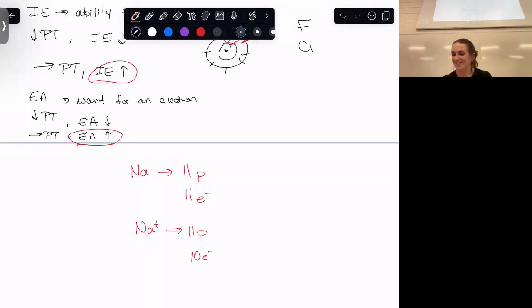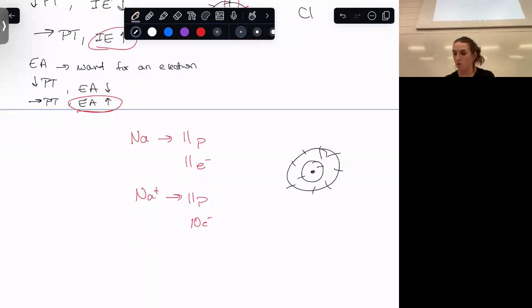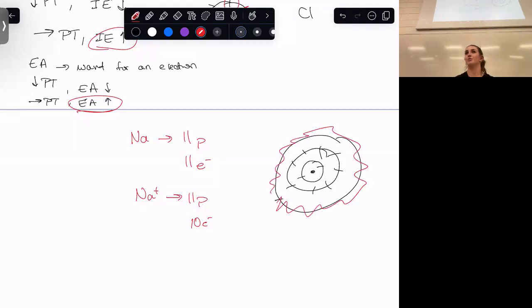Right, so let's draw it out. We have 2 in our center, we have the 8 of our core, and then it has 1 valence electron. So if we remove this valence electron, what does it do?